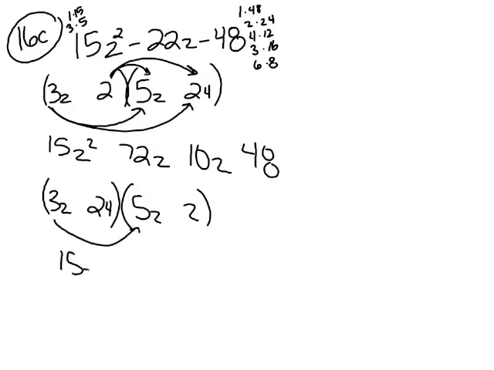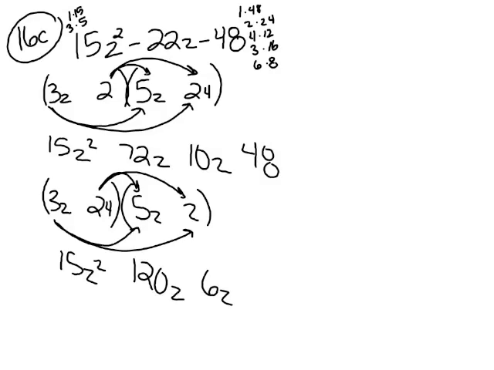Way too big. 15z squared, and then 24 times 5, 120z. And then what's my other set? 6z. So can 120 and a 6 get me to 22? No. Okay. Let's do another set.